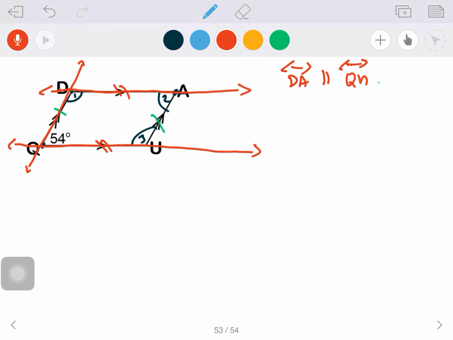They are same side interior, which means to say 54 degrees here should be the supplement of angle 1. So angle 1, the measure is just simply 180 minus 54. So what would be the difference? So this would be 6 and this would be 2.